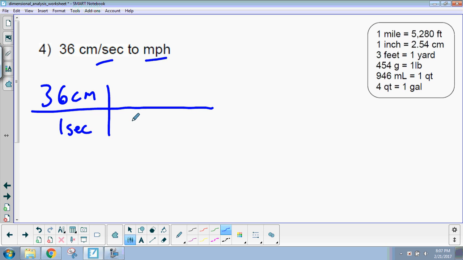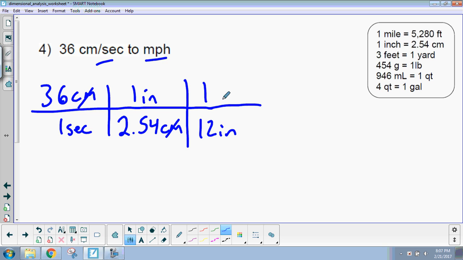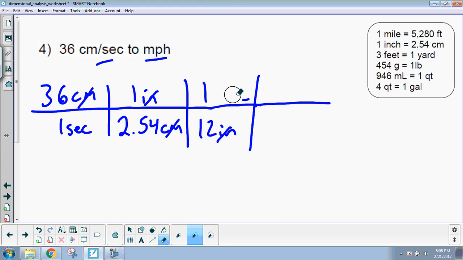So for every 2.54 centimeters equals 1 inch. Centimeters cancel. For every 12 inches, there's 1 foot. That made no sense earlier. 5,280 feet, 1 mile.